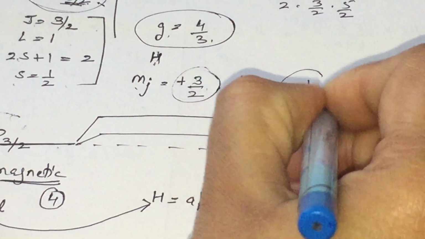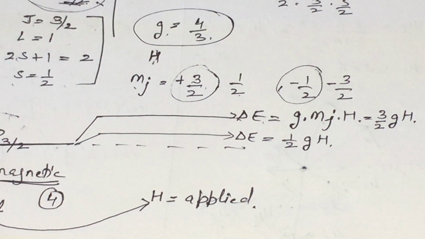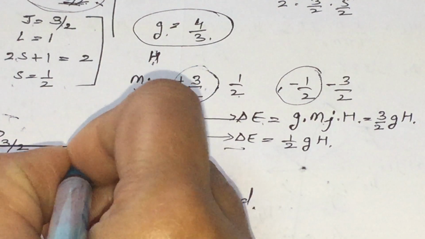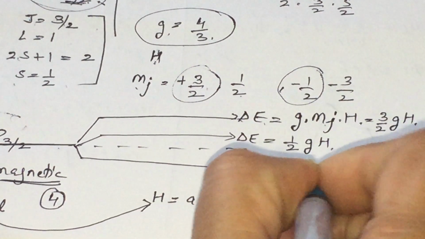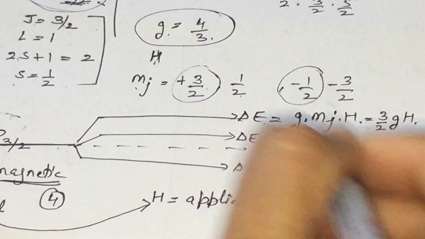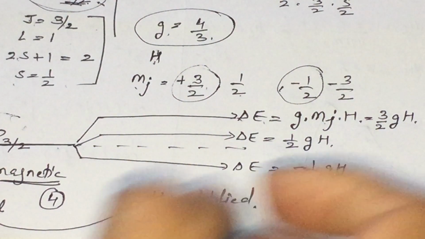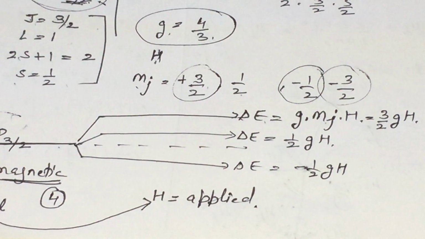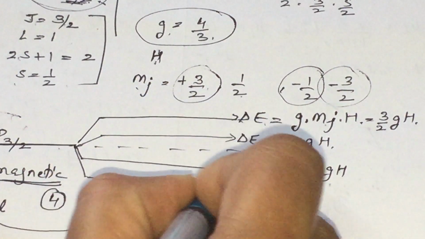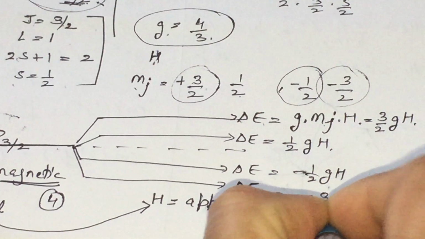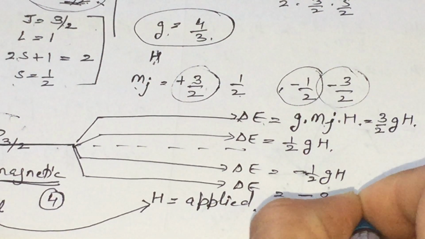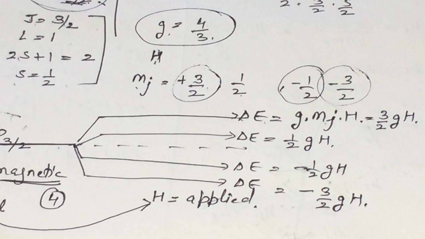Similarly, for mJ equal to minus 1/2, I have an energy change of minus 1/2 times g into H. And for the last case, minus 3/2, I got the change in energy equal to minus 3/2 times the Landé factor and applied magnetic field.